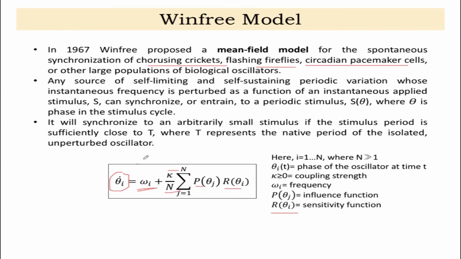Using all these things, there is a coupling part that is going to dominate. These two things, omega i and this coupling part together, are going to define the rate of change of phase in a system. So that is Winfree's mean field model.